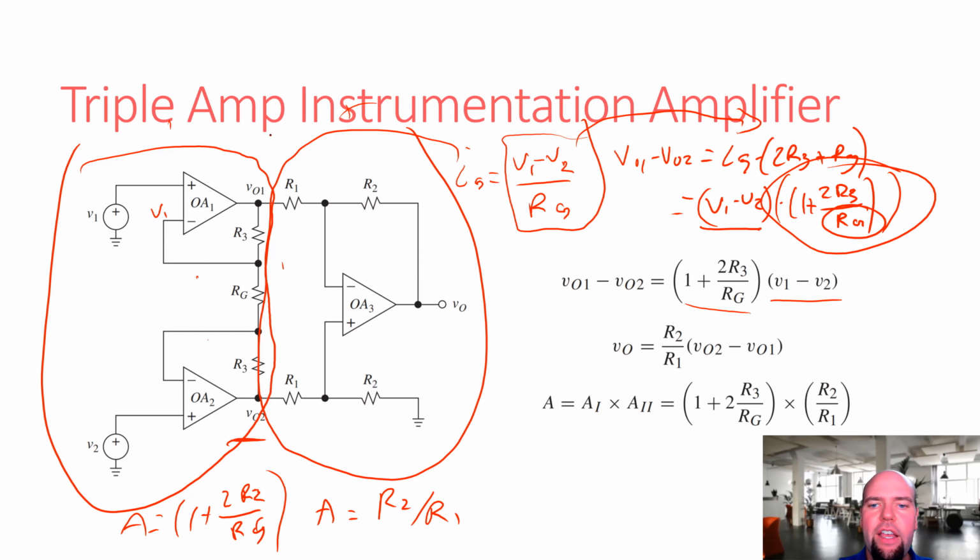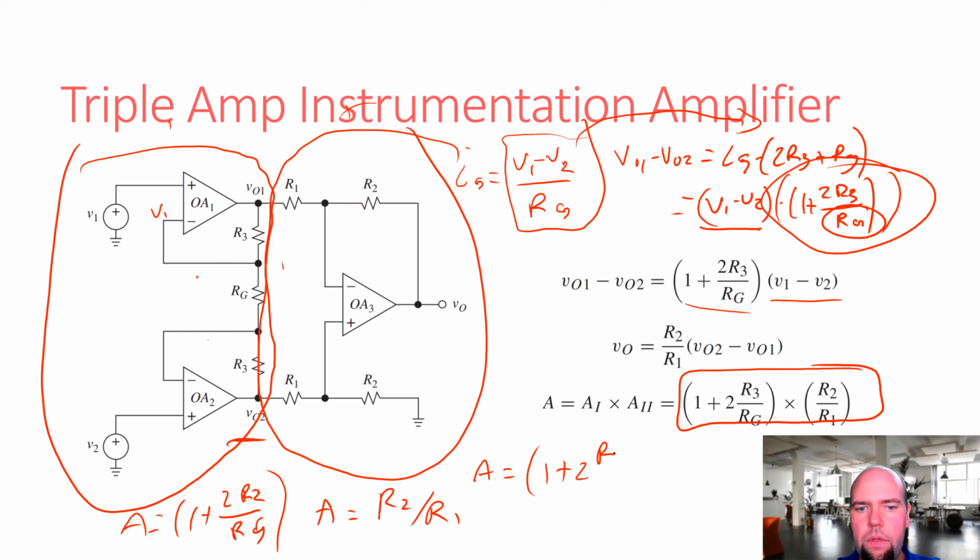So the overall gain is, I'm not going to reinvent the wheel here. I don't know if you can see this over my head. But the overall gain now is going to be R2 over R1 times 1 plus 2R2 over RG.